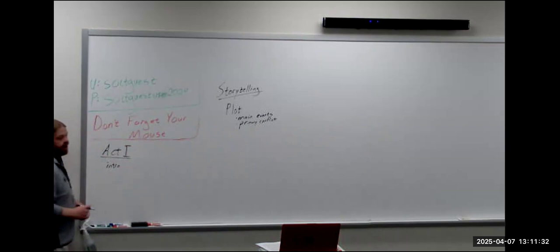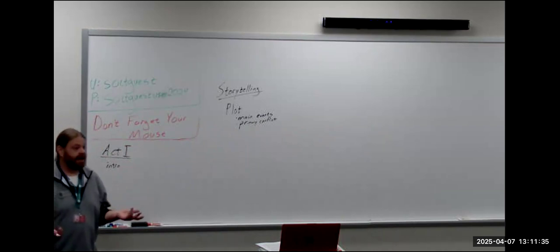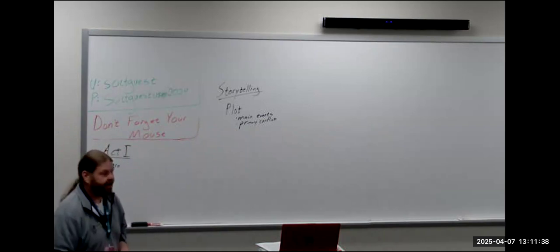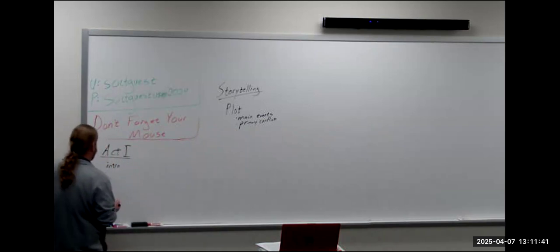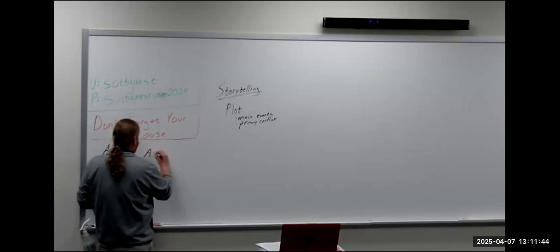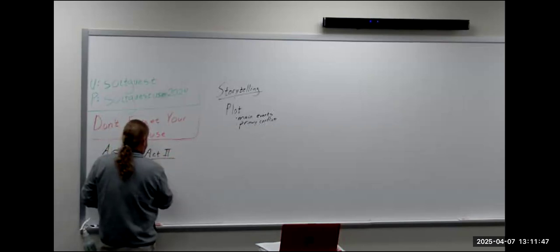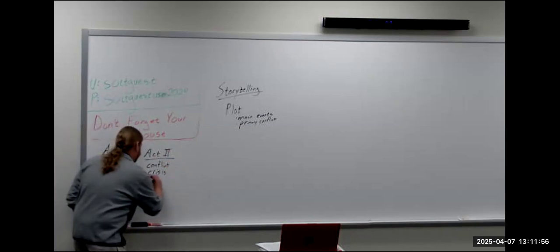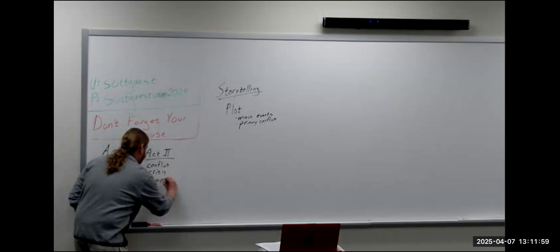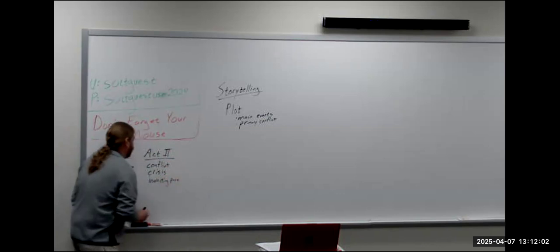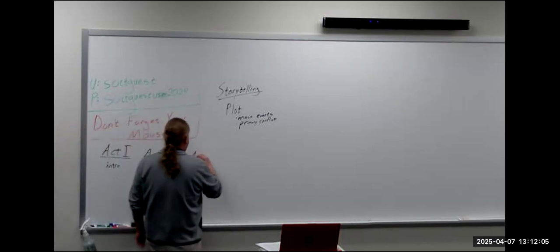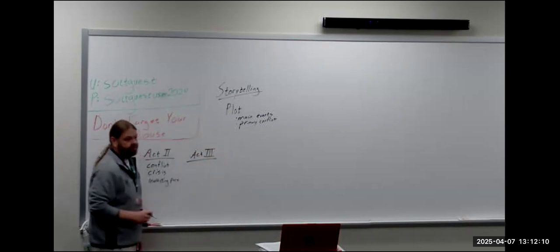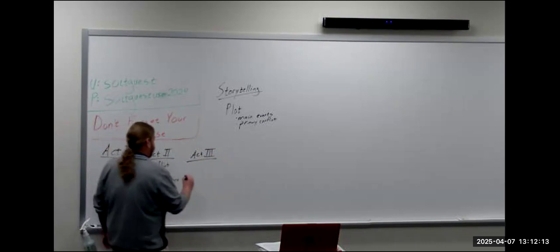Introduce our characters, bring in the setting where they're at, and lead into Act 2, which is going to be our conflict, the crisis, the interesting part of the story. I'll put that here. And then Act 3, which is going to be the resolution or absolution.